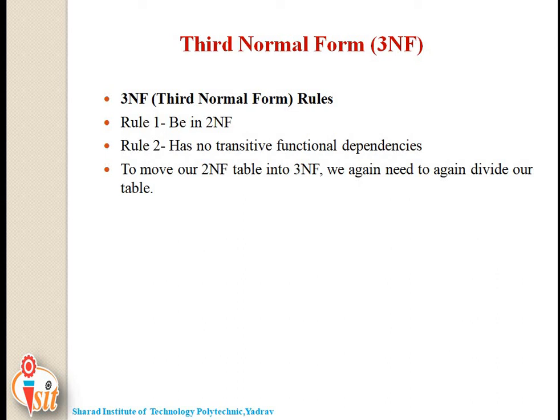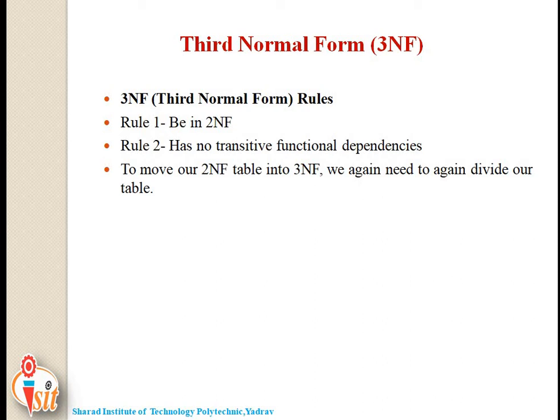Likewise, for the third normal form, the table must be in second normal form. The second rule is that there is no transitive functional dependency. As I told you before this slide, you learned about the transitive functional dependency. Change in one thing may cause change in another thing. If that is not happening, then it is applicable to the third normal form.